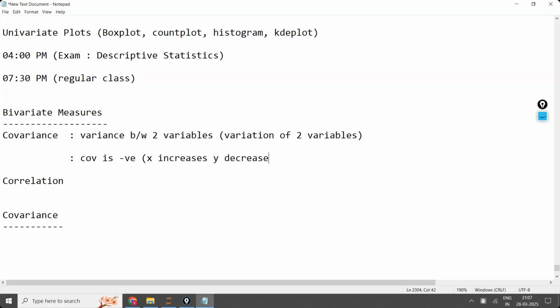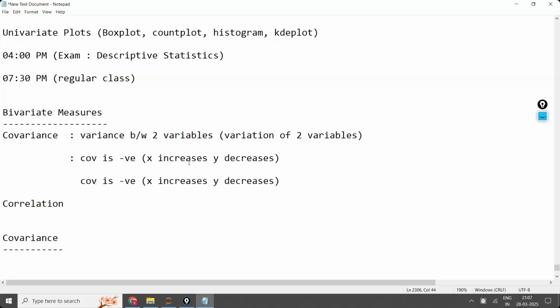They are inversely proportional to each other. And if covariance is positive, then as x increases, y also increases. If covariance is negative, x increases, y decreases. If covariance is positive, x increases, y also increases.